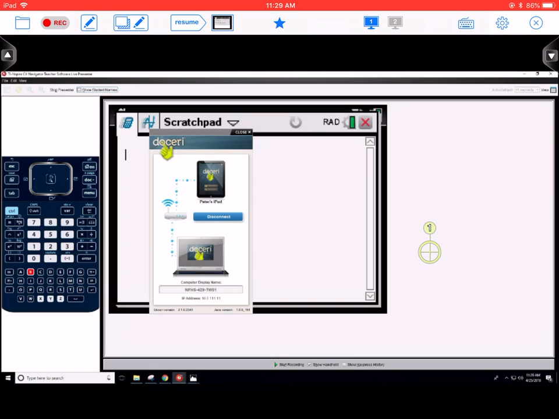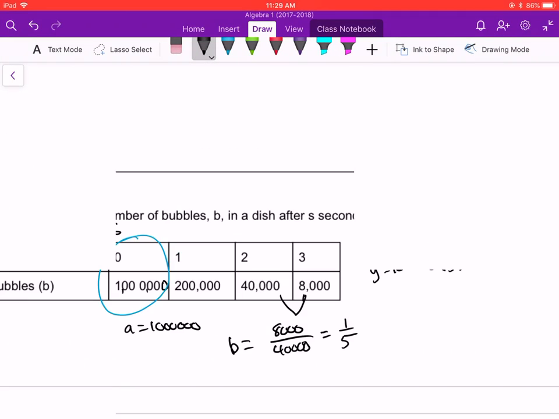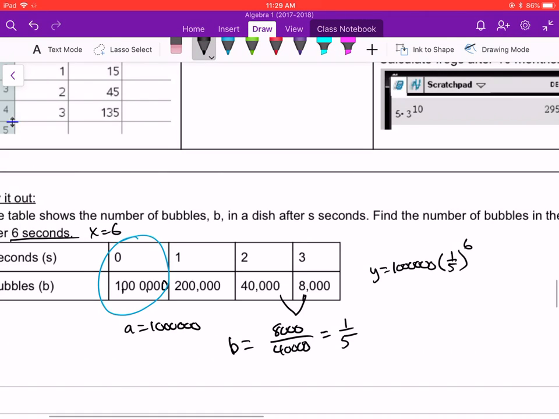I've got 1 million times, in parentheses, 1/5 as a fraction. Raise that to the 6. 64 bubbles after 6 seconds. Makes sense, right? You got a ton of bubbles. After time they pop, you end up with 64 bubbles after 6 seconds. Kind of makes sense. One way to check yourselves.